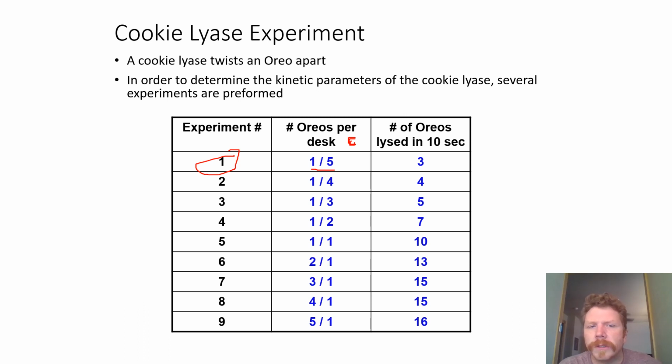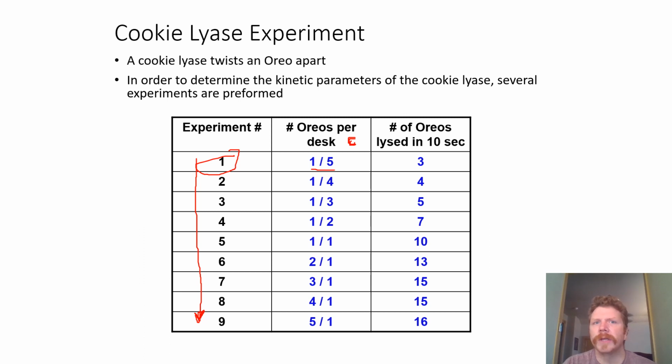If you look at this, moving from the top all the way down to the bottom, the one variable that we could control is the concentration. We're increasing the concentration, so we're providing more Oreos per desk. We went from 1 Oreo every 5 desks to 1 every 4 desks, 1 every 3, 1 every 2, 1 every desk, and ultimately we got to a point where there are 5 Oreos per desk.